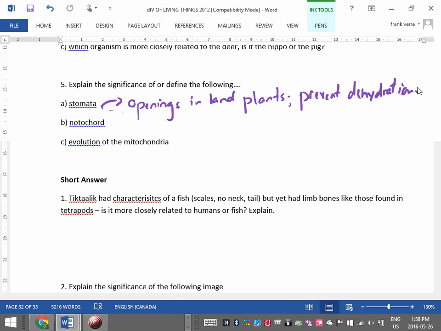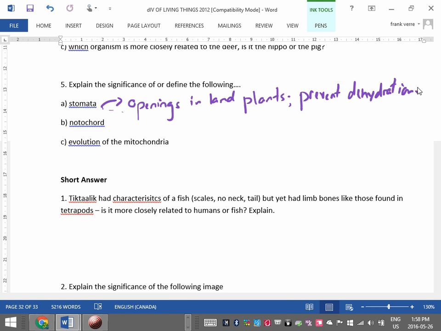Land plants, very similar thing. The first land plants were stuck in moist environments. And then eventually they acquired more characteristics that allow them to survive in more environments where there was less water. And the stomata is an adaptation to allow a plant to exchange gas with the environment, but at the same time control the amount of water loss. And you don't have to worry about that if you're living in water, because you're not going to dehydrate in water.